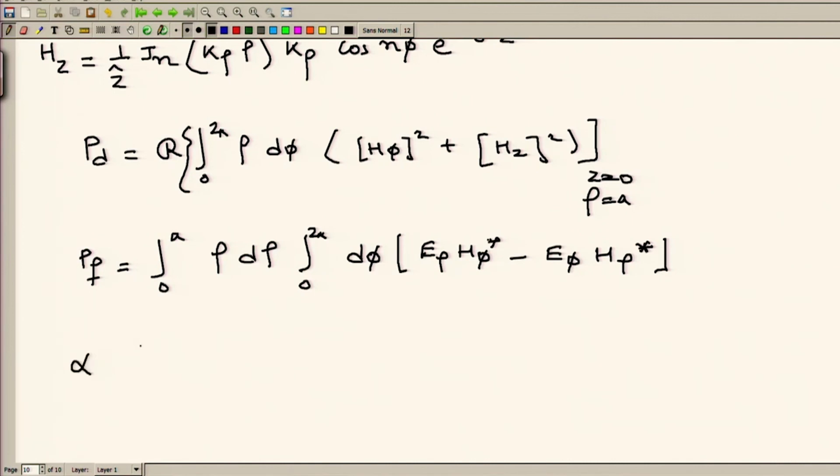So, H phi, H z, E rho and E phi are all known quantities. On substituting, we will get the attenuation constant as the ratio of P d upon 2 P f.